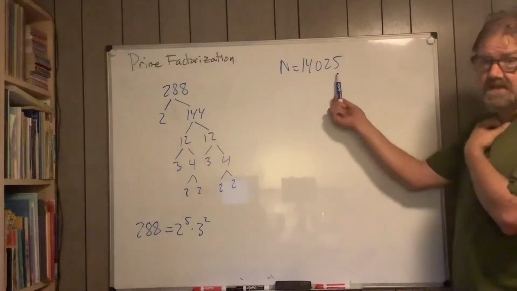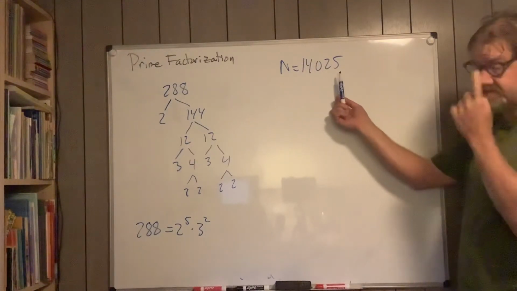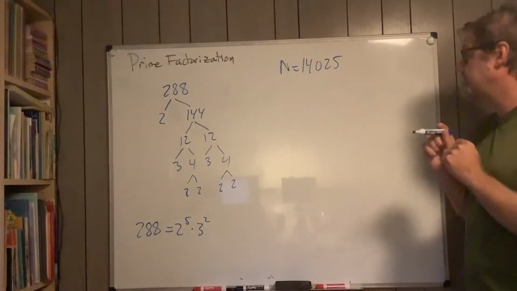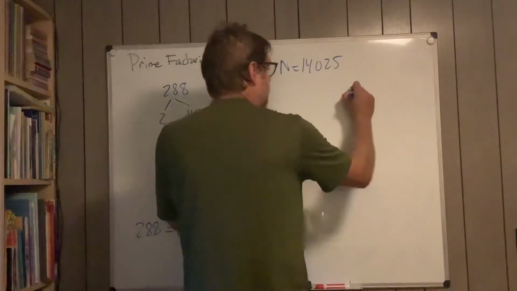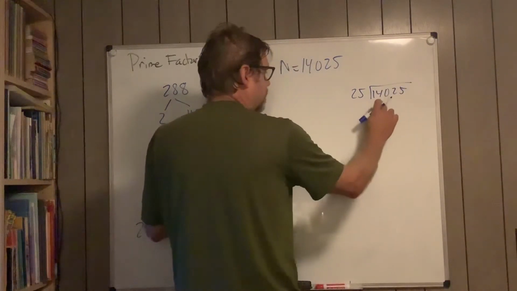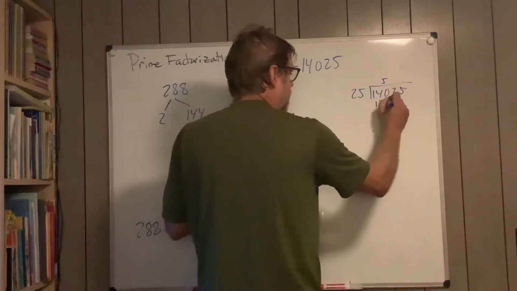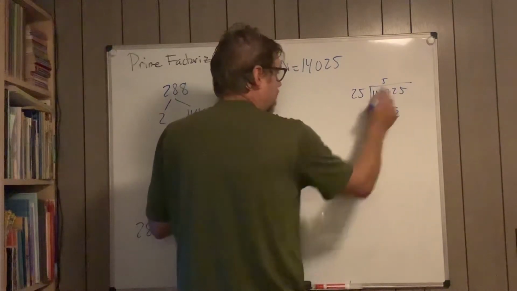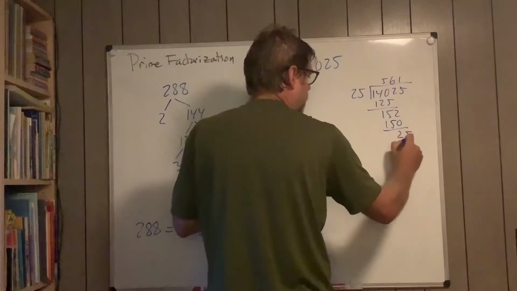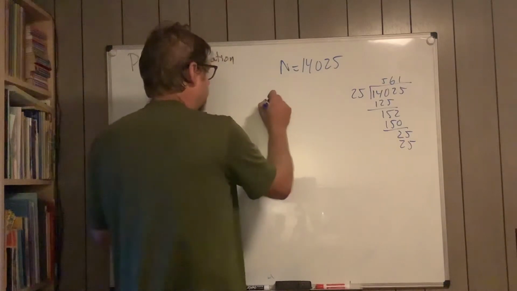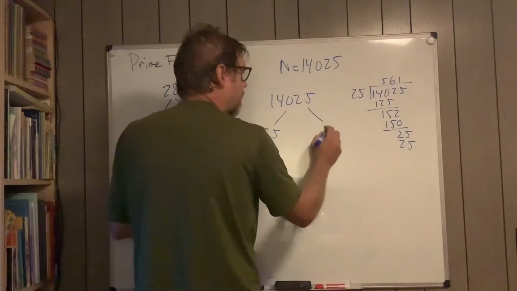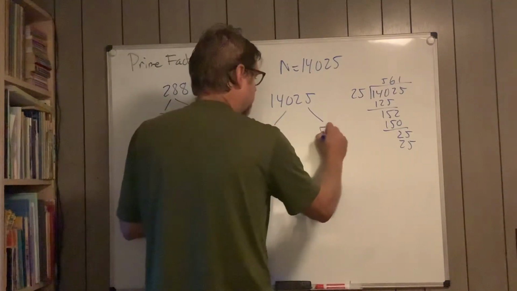You could probably even guess it might be a multiple of 25. There's a little divisibility theorem that says if the last 2 digits are divisible by 25, it's divisible by 25. And so let's take a look at that. I will actually do the long division here. 25 into 140 should be 5, 125, 6, 150, 1. Okay, so my first breakup is into 25 times 561.